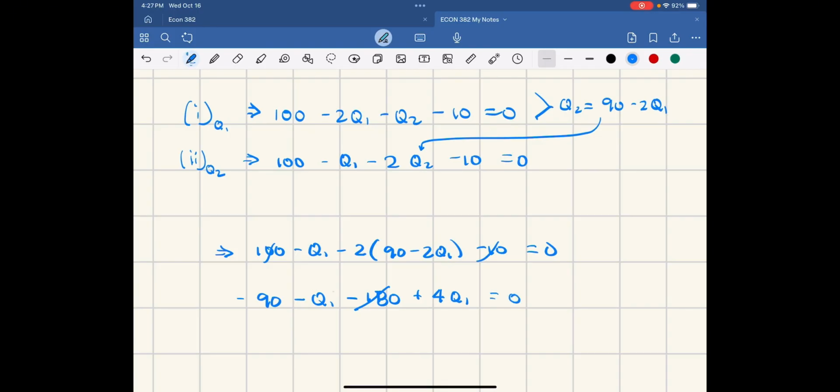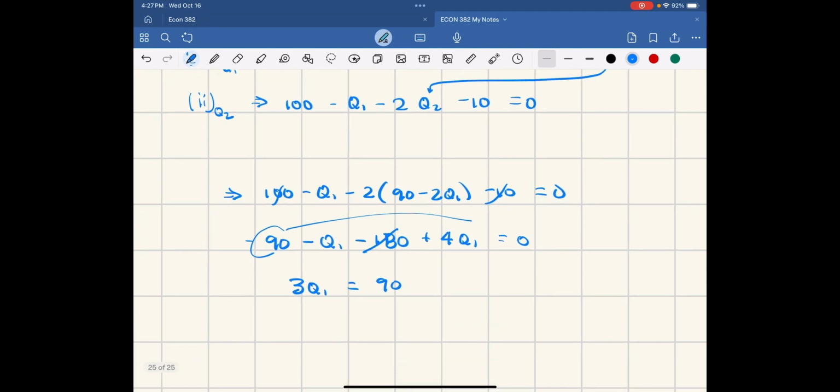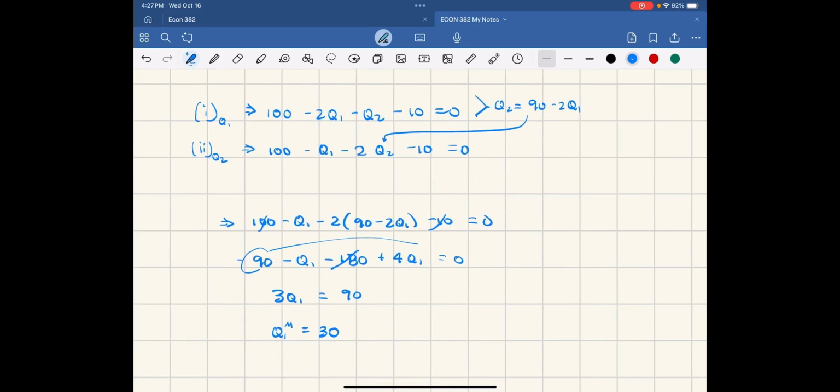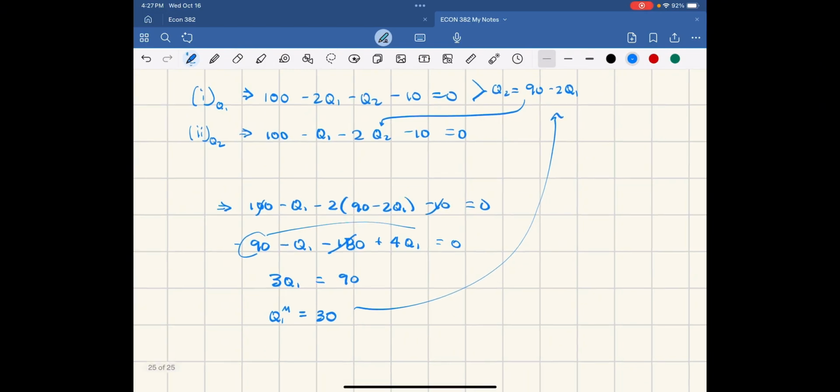And we have negative 1 and positive 4Q1, so we'll get 3Q1 on this side, and let's bring this 90 over there to equal 90, and that implies that Q1 for the monopolist is equal to 30. Now I can plug this back into here, and so that implies that the quantity 2 for the monopolist is 90 minus 2 times 30, which is 90 minus 60, which is also just 30.